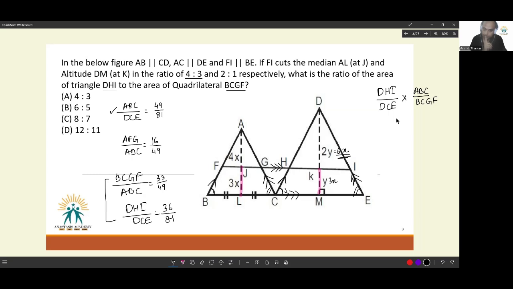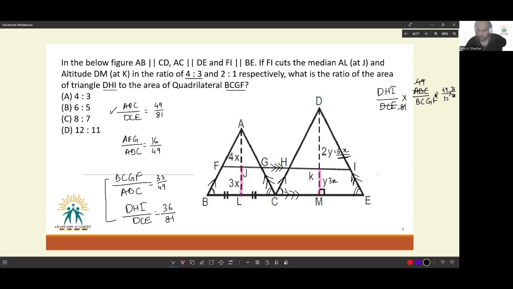So this should be equal to ABC by BCGF, which gets me to 49 by 33 into 36 by 81, DHI by DCE, 36 by 81, and this DCE by ABC we also know to be 49 by 81.